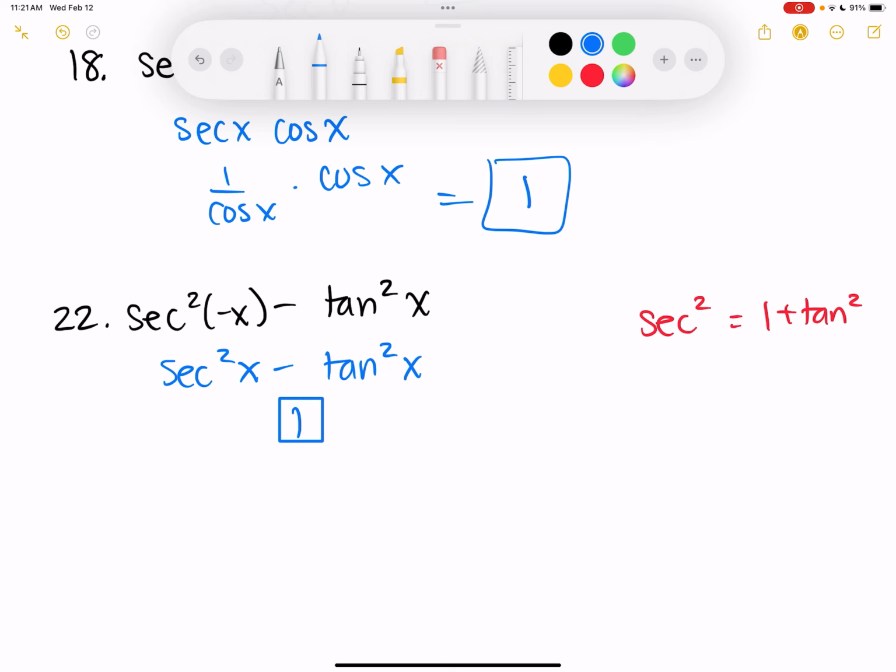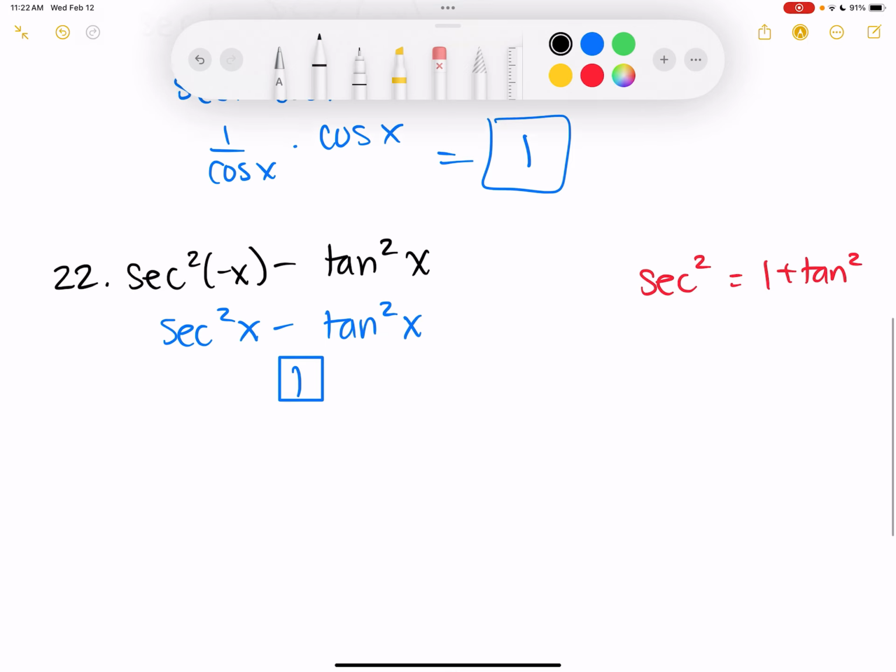Let's see, simplify to either a constant or a basic trig function. So 24, 1 plus tangent of x over 1 plus cotangent of x. So obviously there's nothing I can see right away that's going to cancel.